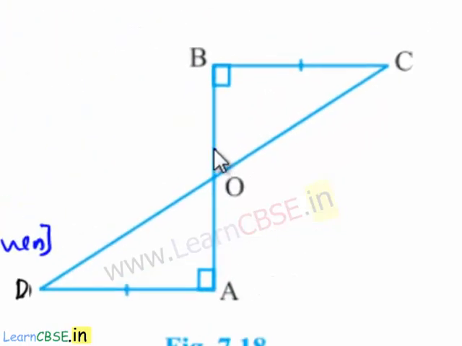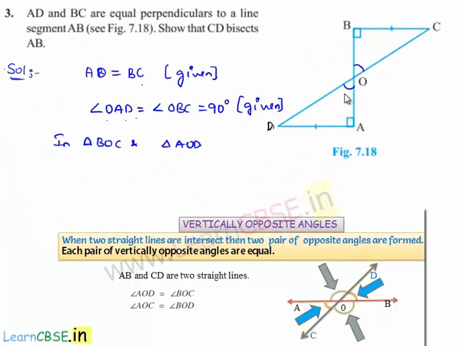And now, if we consider angle BOC and angle AOD, those will be equal as they are vertically opposite angles about point O. Therefore, angle BOC is equal to angle AOD since they are vertically opposite angles.